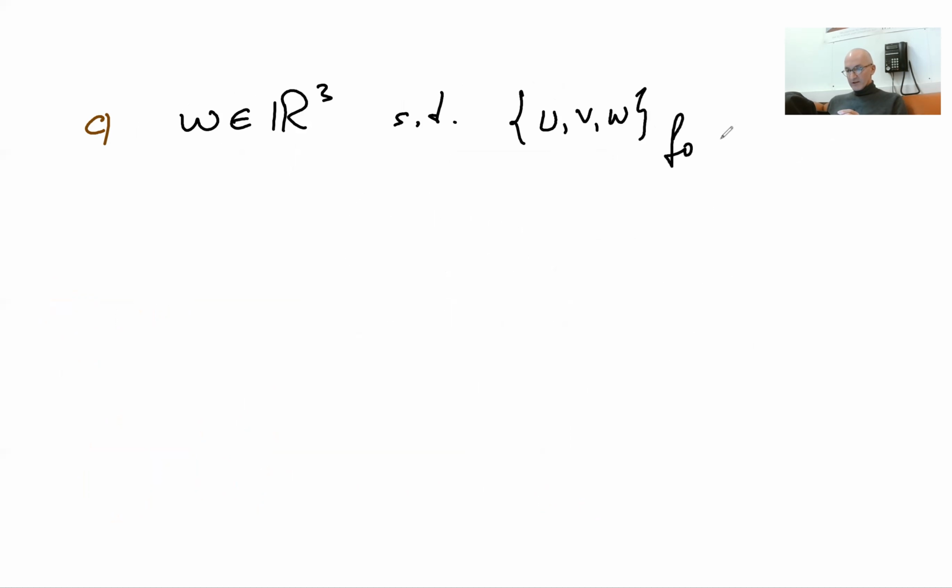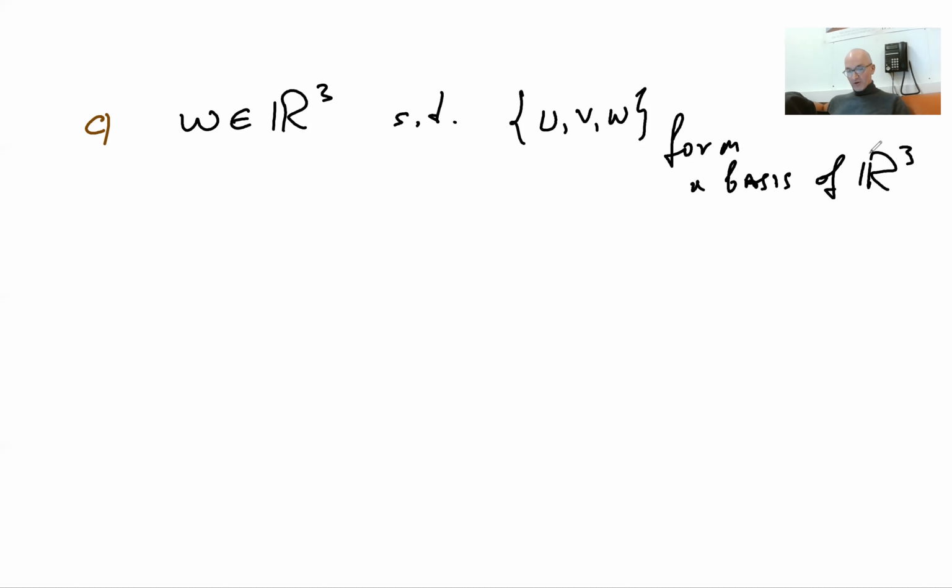Part C question is, can we find a vector w such that u, v, w form a basis? Can we find such a vector? Answer is yes.